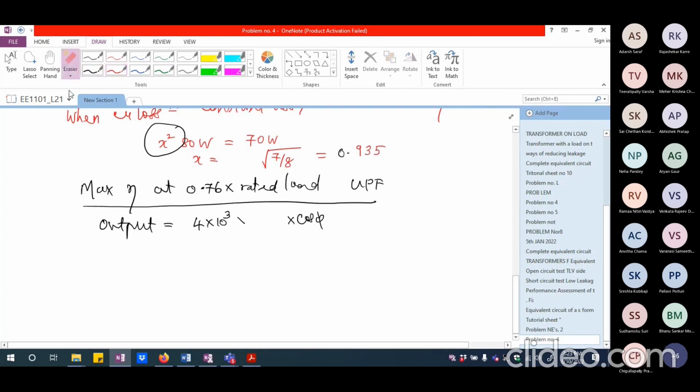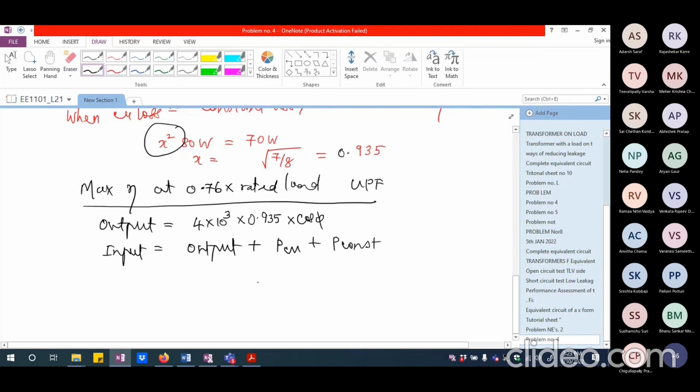This is the output, so this is 0.935. This also has to be corrected accordingly. Doesn't matter. So this is multiplied by 0.935. That is the output. Now the input is going to be output plus copper losses plus constant losses.